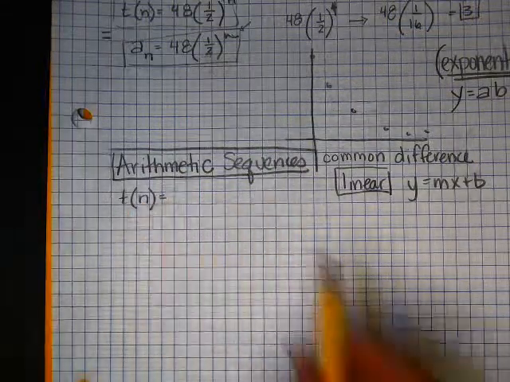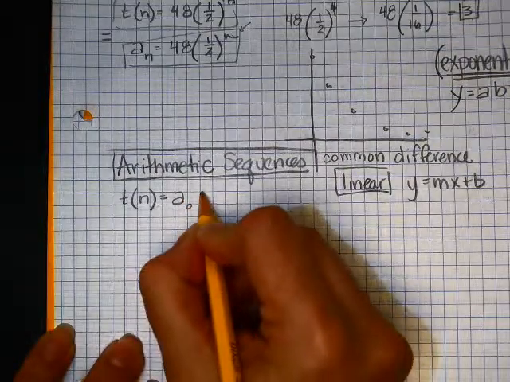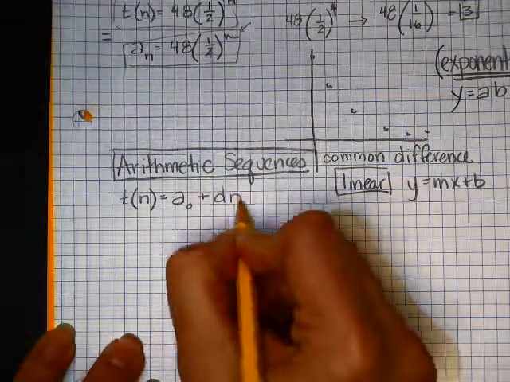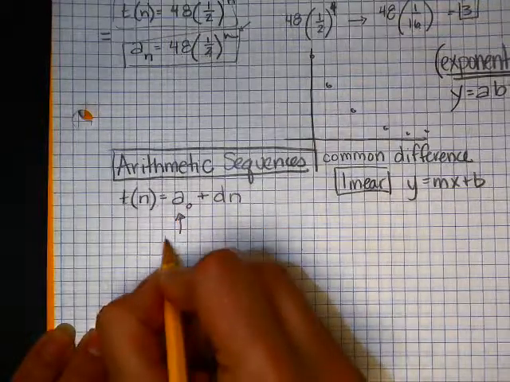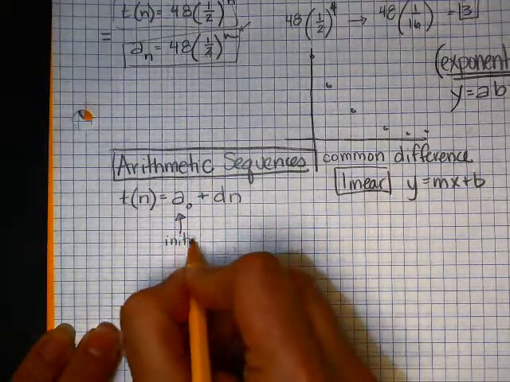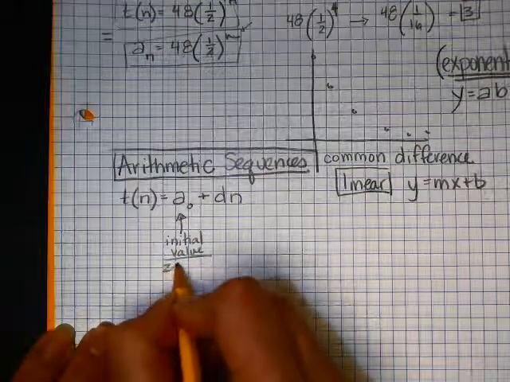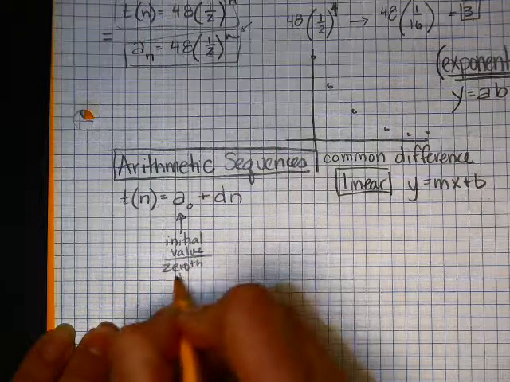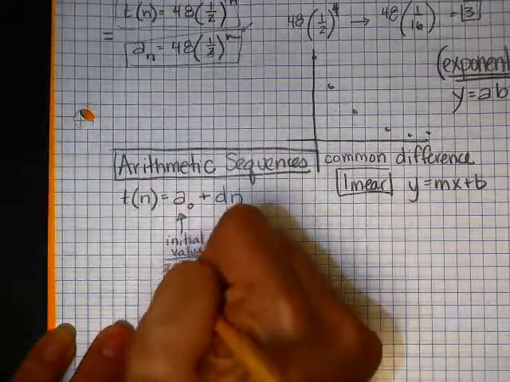So we're going to write t of n equals a sub 0 plus d times n. So what does that mean? This is my initial value, or my 0th term, or old school is the y-intercept, or b.